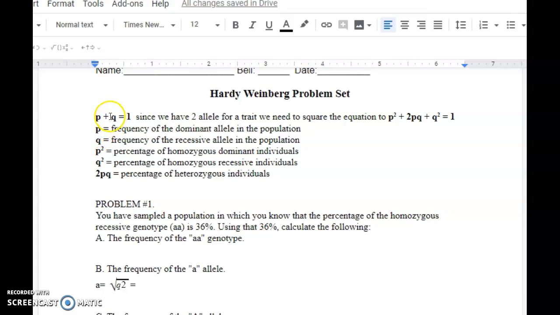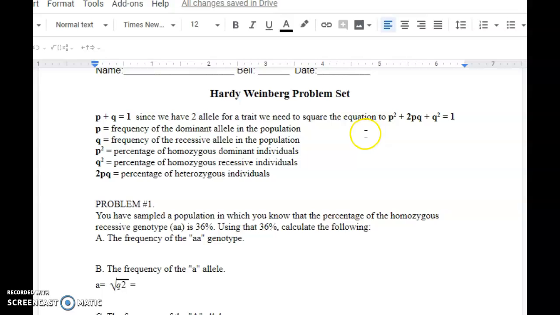All right, that's the frequency of just having one allele. What happens if we're looking at an actual person, or the percentage of people that have a particular set of traits? That's where the P squared comes in. P squared is the percentage of individuals that are homozygous for the allele P. In other words, they've got 2 P alleles, 2 dominant alleles.